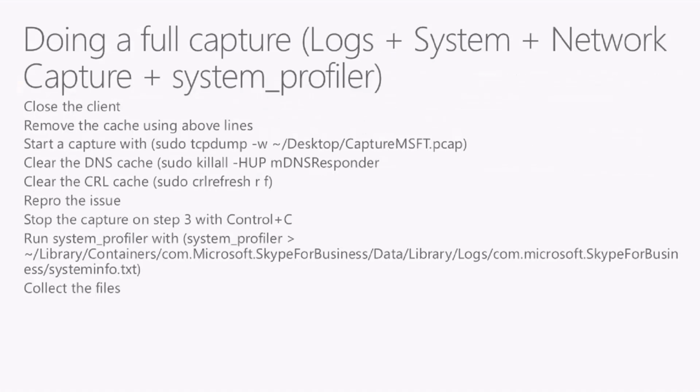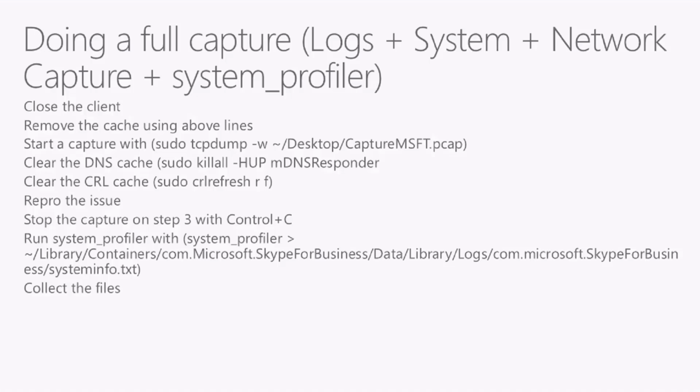So doing a full capture, if you are required to get not only the Skype for Business logs, but also the system logs and the network logs themselves, here are a few steps that you can follow to grab all of those logs. So close out of the client and remove the cache that we used in the previous slide. Then you start a capture with sudo tcpdump. You clear your DNS cache, you clear your CRL cache, and then you reproduce the issue.